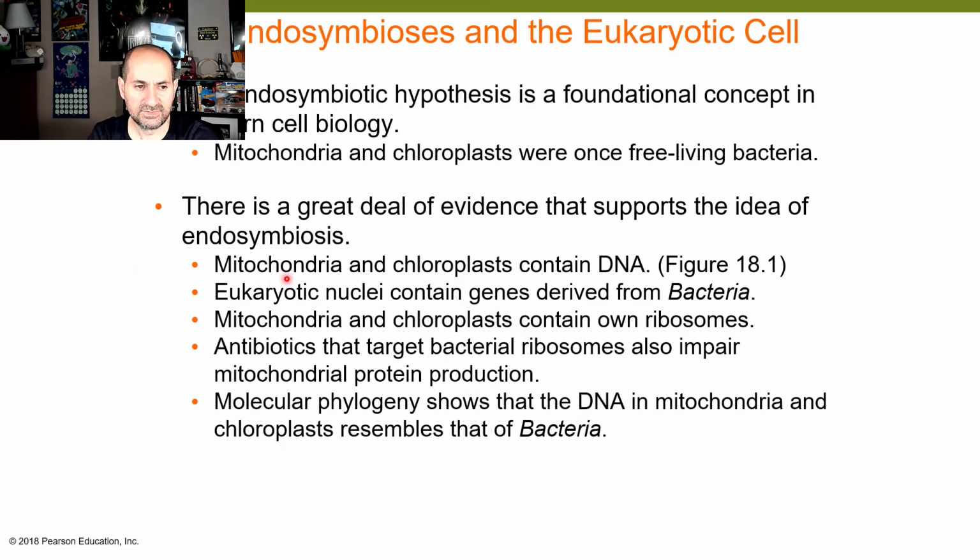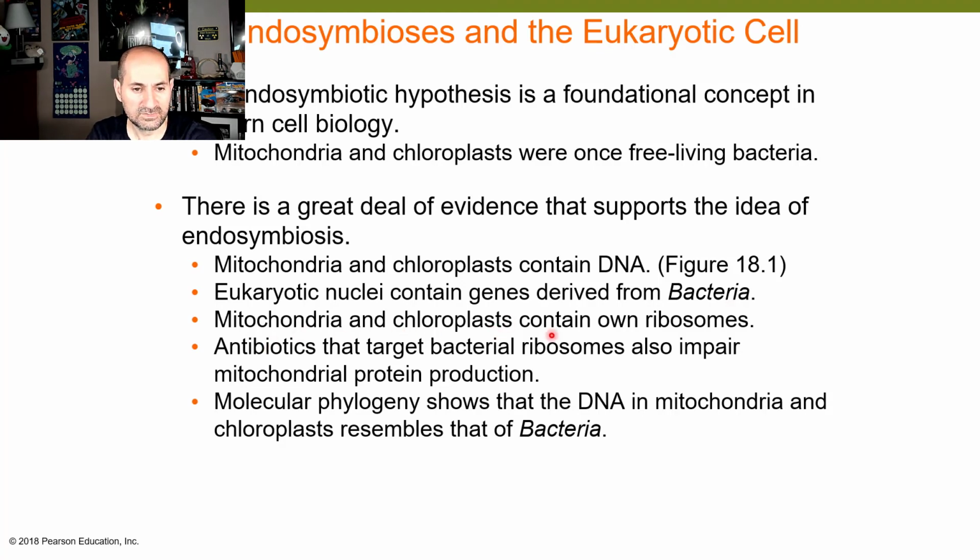And the evidence, you should know, is that mitochondria and chloroplasts contain DNA, and it's a circularized single chromosome, just like bacteria have. Eukaryotic nuclei contain genes derived from bacteria, showing that bacteria have been introduced into early eukaryotic cells.